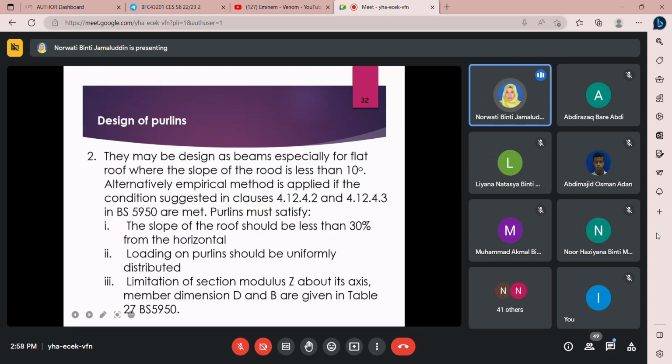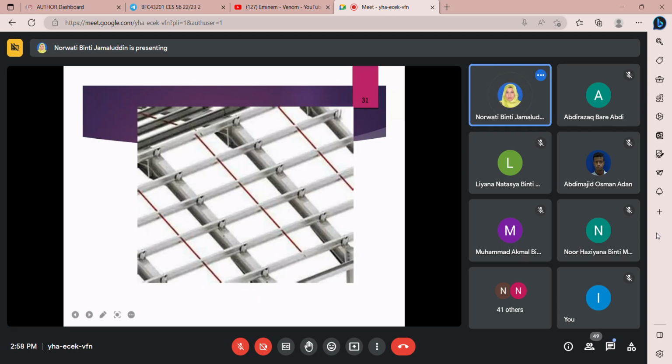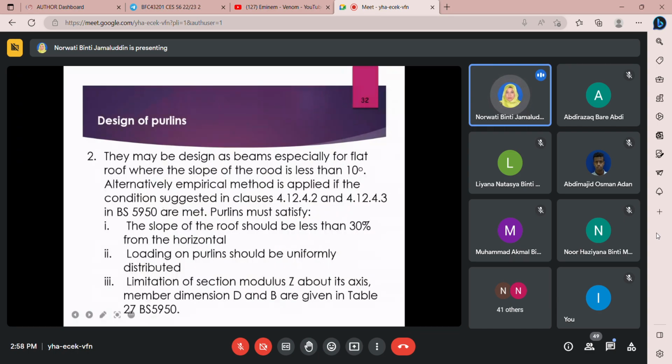Okay. So beam, bending member. Purlin. Okay, you can design like you design as a beam, or we have another alternative method, which is empirical method. For that empirical method, the procedure is referring to the old code, which is BS 5950.